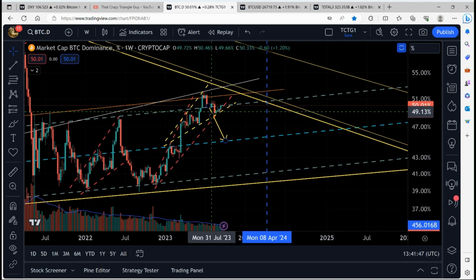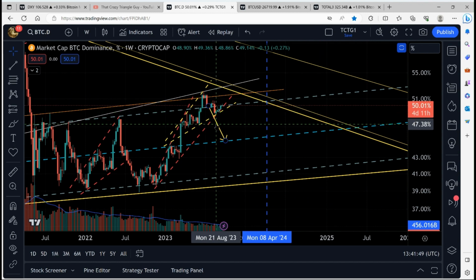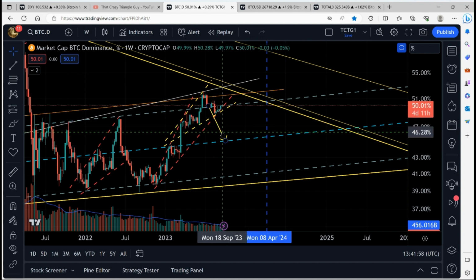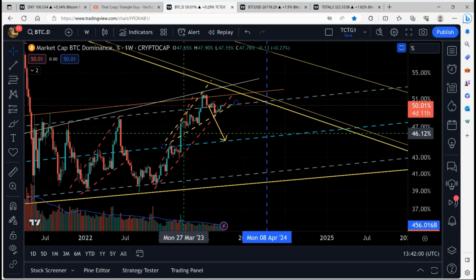And we've come down as I predicted here. I drew this yellow arrow before I realized that we were filling up the second cup.